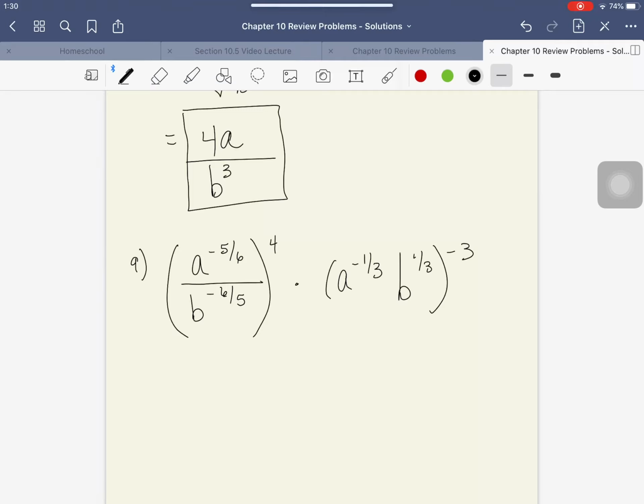There are several ways we could do this. Let's start by flipping my negative exponents here and making them positive. So that'll be b to the positive 6/5 over a to the positive 5/6, and that is raised to the 4th power.